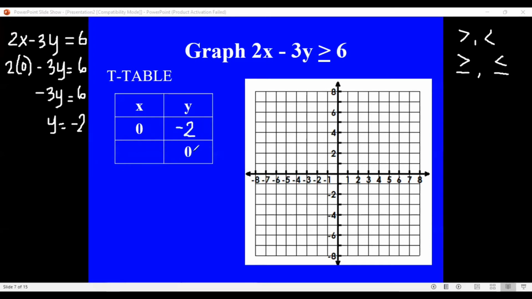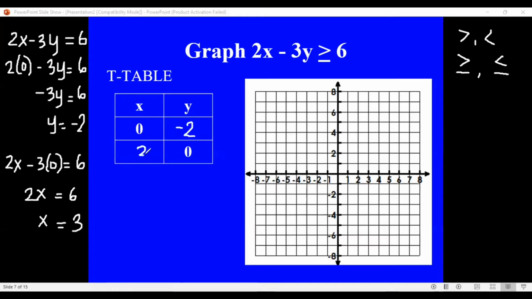The next is we will now let y be equal to 0. Going back to our equation, 2x minus 3 times 0 is equal to 6. 3 times 0 is already 0, so we have 2x is equal to 6, and dividing both sides by 2, the result is 3.